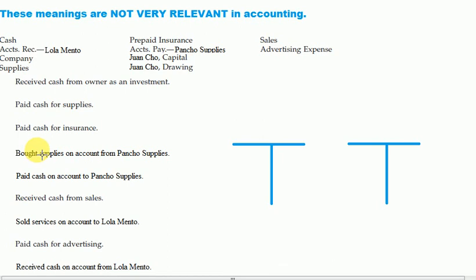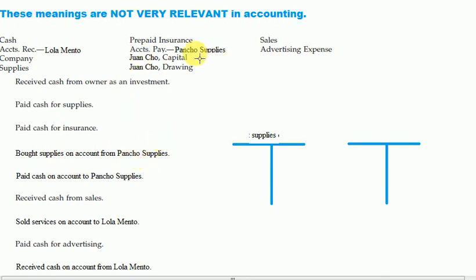Here we have supply, that's one. And we have the vendor, right? You are buying supply on account from Punctual Supply. So that must be an accounts payable with the specific supplier's name or the vendor's name.